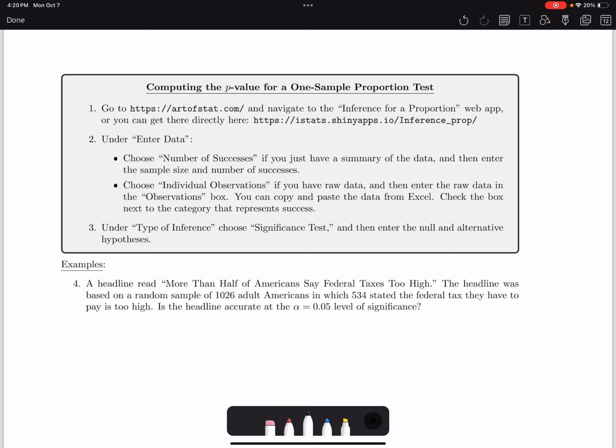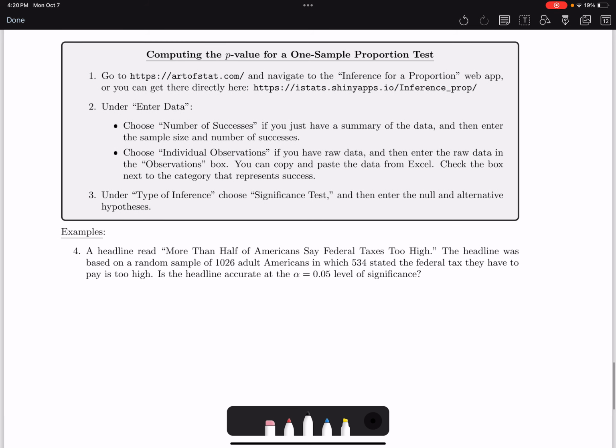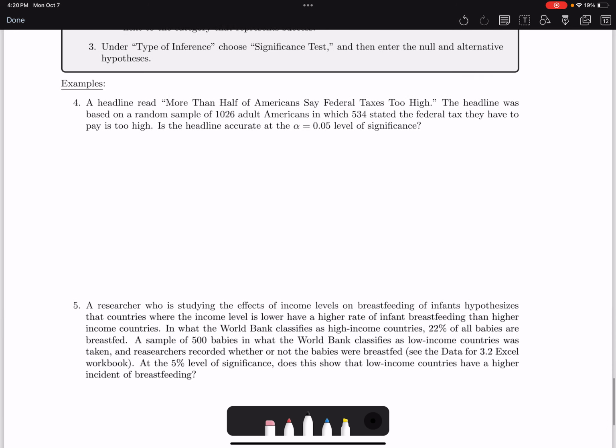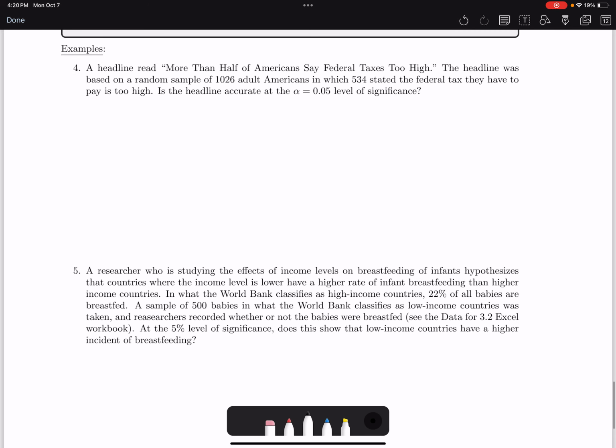It's a similar set of instructions for computing the p-value using the apps. Let's just look at a couple examples. Number 4 says, a headline read, more than half of Americans say federal tax is too high. The headline was based on a random sample of 1,026 adult Americans, in which 534 stated that the federal tax they have to pay is too high.